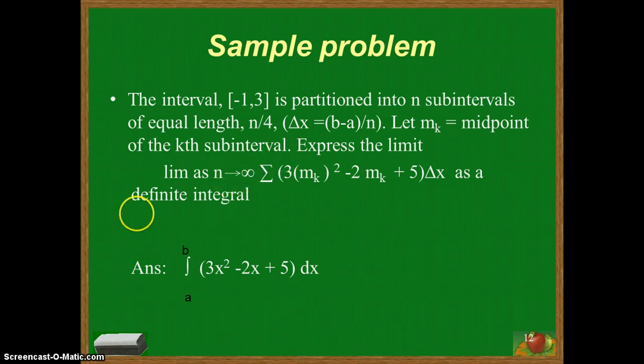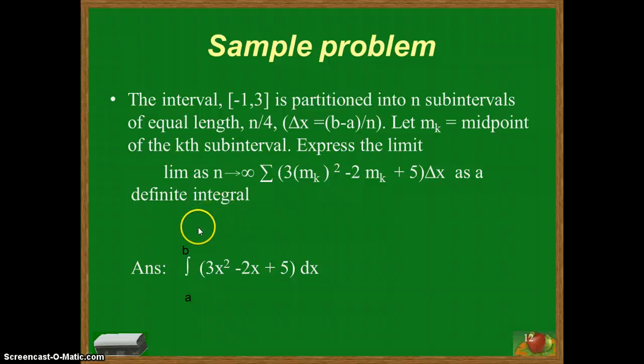So we're going to take the limit, as n goes to infinity, of 3 times the midpoint value squared minus 2 times the midpoint value plus 5, times delta x, where delta x is the width of the subinterval, as a definite integral.